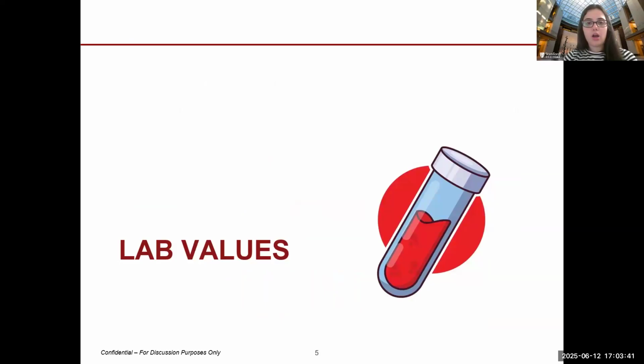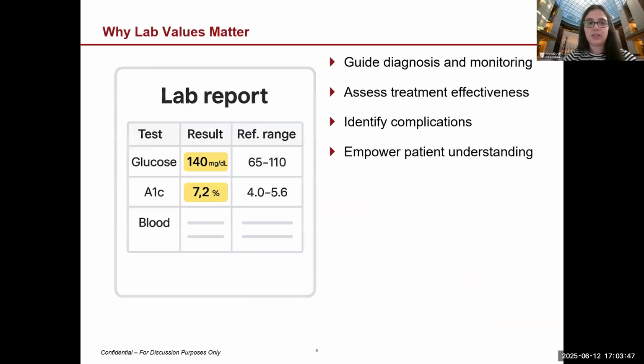So we'll start by talking about the lab values that you need to manage your diabetes and why these lab values matter. Lab values are one of the most important tools we have in managing diabetes. They help us in four big ways. So first, they guide the diagnosis and monitoring, so they let us track how things are going over time.